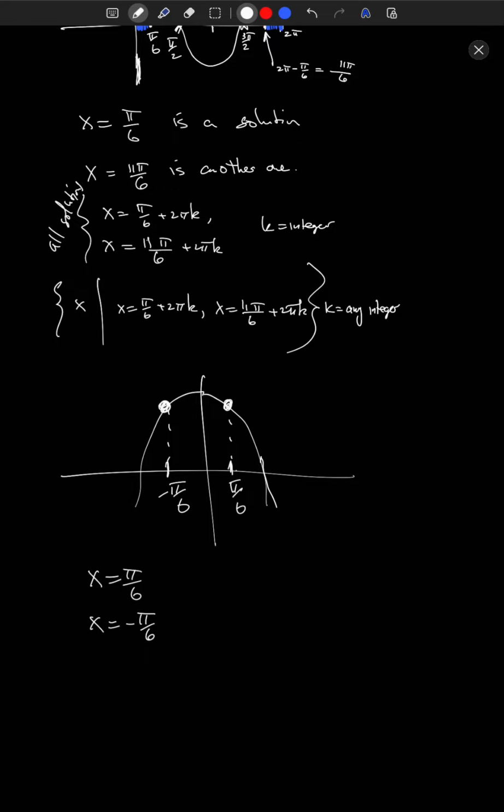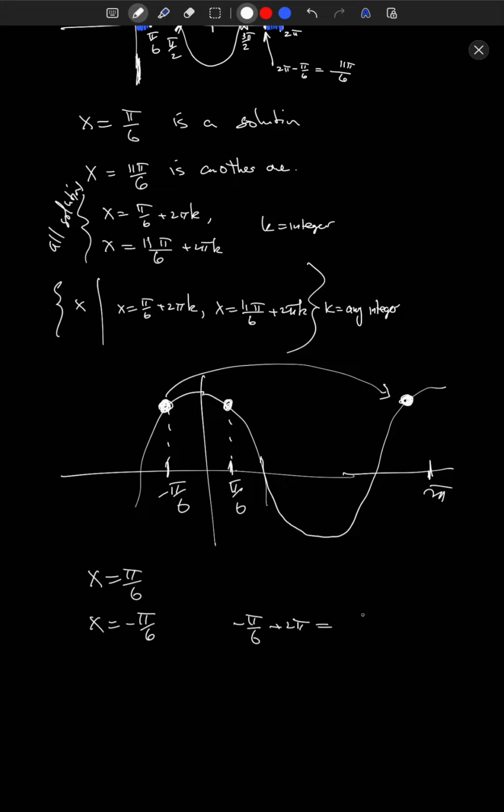How do I know this will cover them all? Well, here I have to draw all the way up to 2 pi, and I have to recognize that this one plus 2 pi will give me that one there. And so I am finding all of them that I need. And in fact, notice that minus pi over 6 plus 2 pi is exactly the computation we did before, 11 pi over 6.